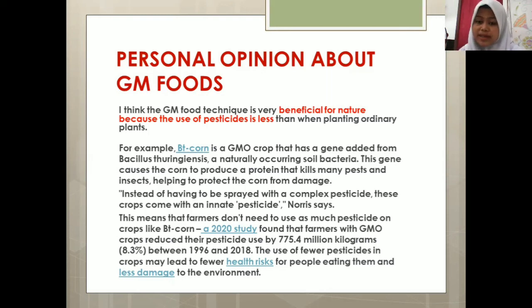A 2020 study found that farmers with GMO crops reduced their pesticide use by 775.4 million kilograms. It means 80.3% between 1996 and 2018. The use of fewer pesticides in crops may lead to fewer health risks for people eating them and less damage to the environment.